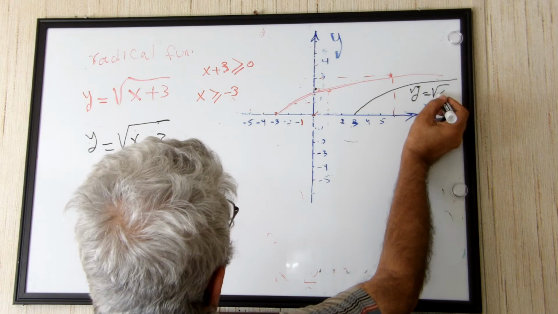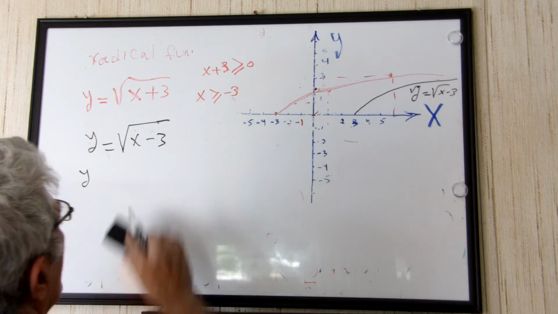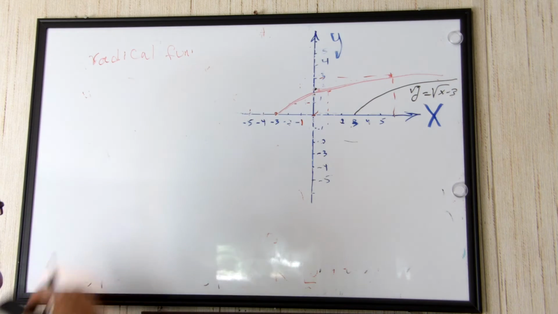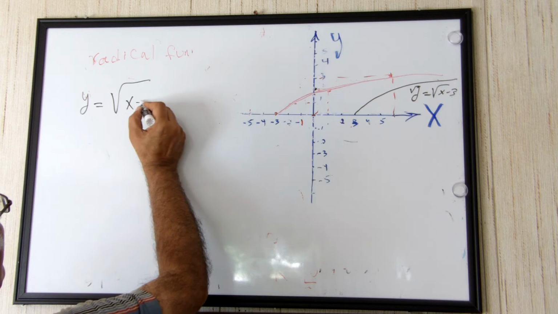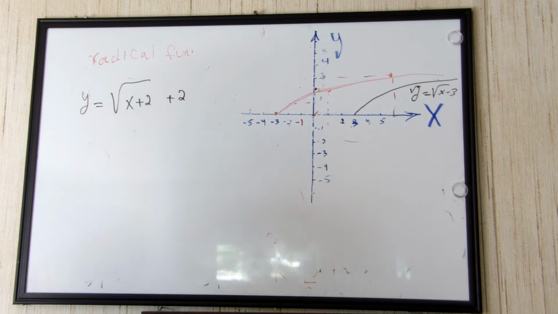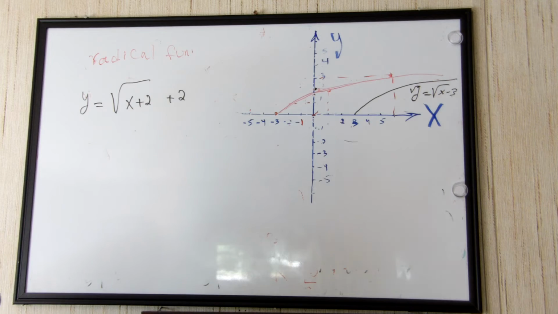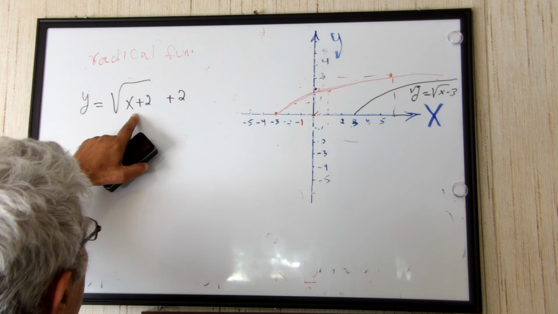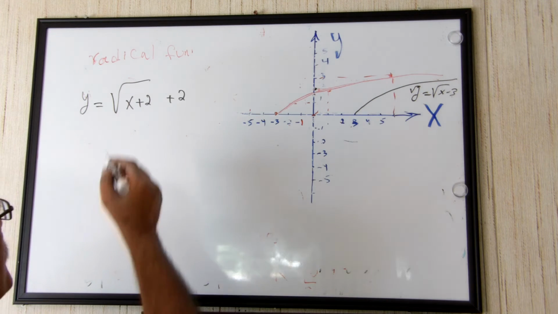Now you have y is equal to the square root of x minus 3. Suppose that y is equal to the square root of x plus 2, plus 2. So what it means, now if you have to find the point, where does this one start?